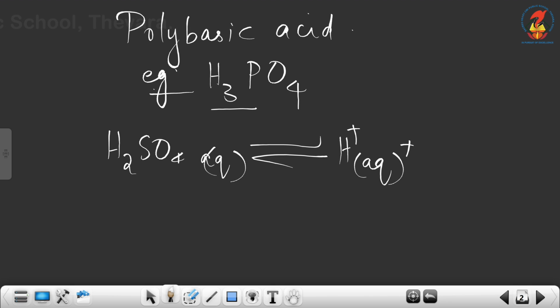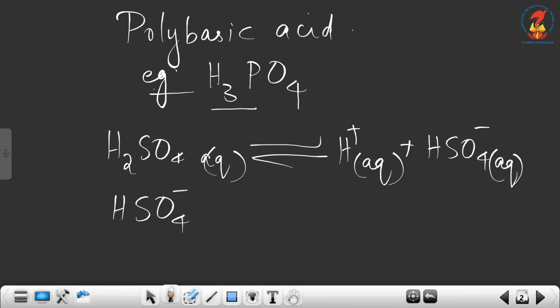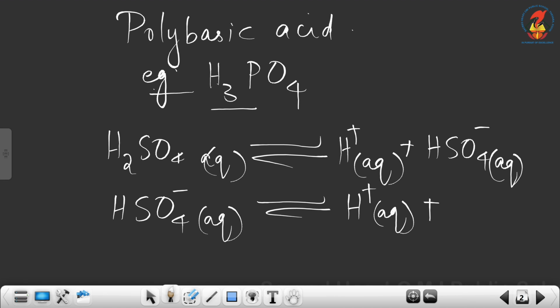When one H plus is removed from H2SO4, we get HSO4 minus. Now, in the second step, HSO4 minus ionizes, and one more H plus is removed. When one H plus is removed from HSO4 minus, we get SO4 2 minus.